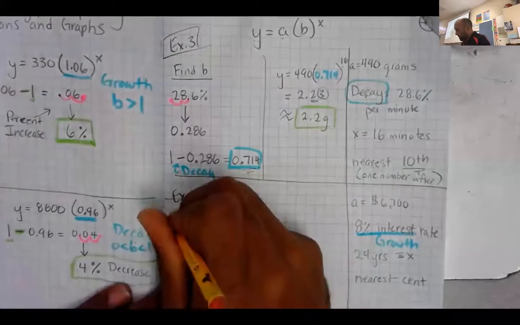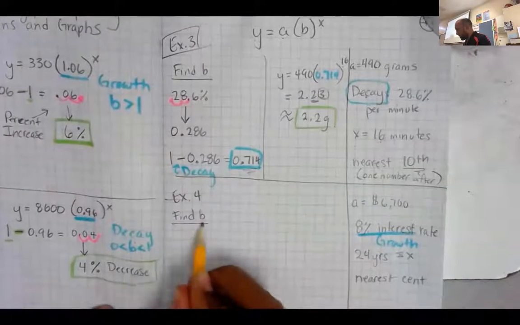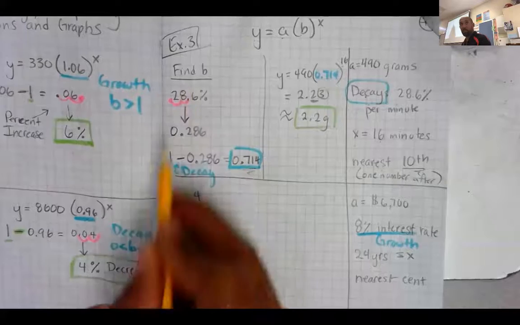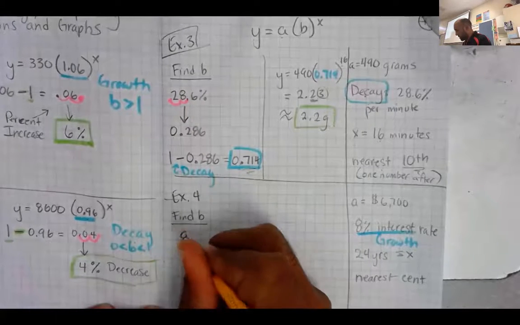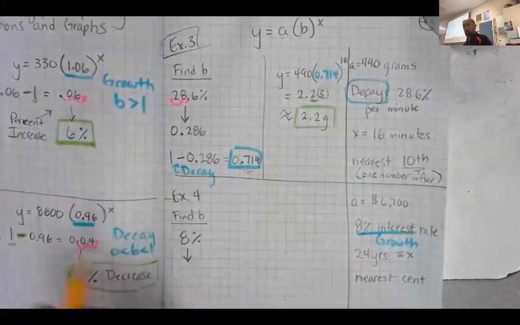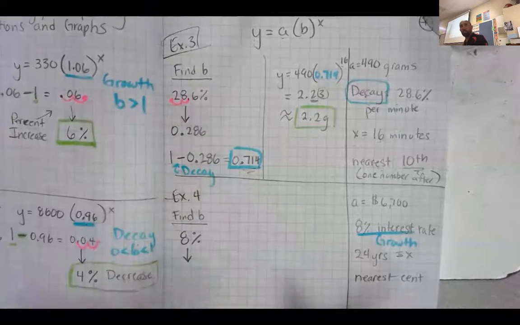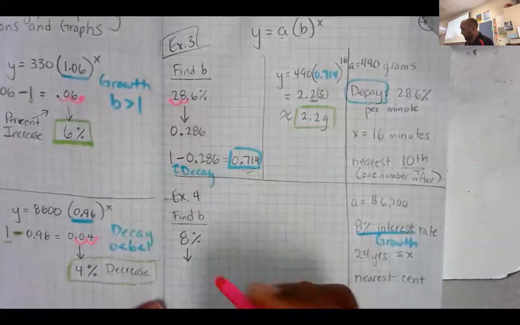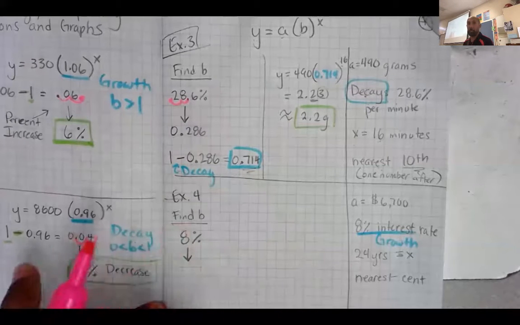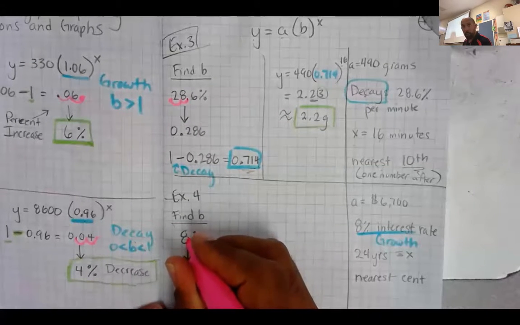All right, so now I'm going to find the B. And first, again, just like here, we got to convert the percent to a decimal. Now, if you guys remember, I need to move to the left 2 spaces when I'm going from percent back to decimal. So here, I start on the right of the number.